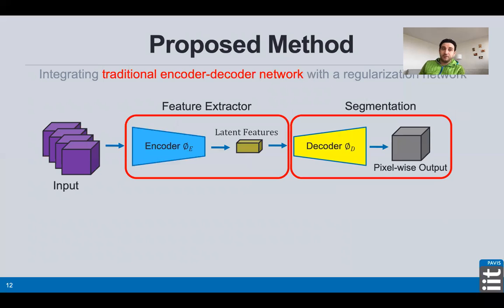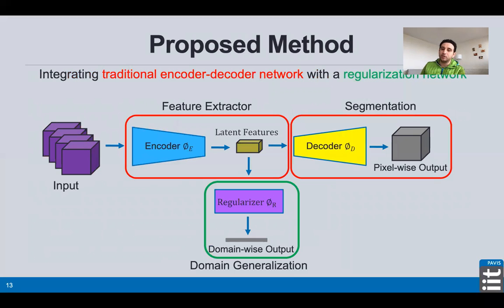For this purpose, consider the traditional encoder-decoder, where we have the input, a feature extractor part, and a segmentation part. Our purpose is to add a regularization network, whose aim is to push the feature extractor part to forget unnecessary information stored in the input images, like the center ID or scanner ID.